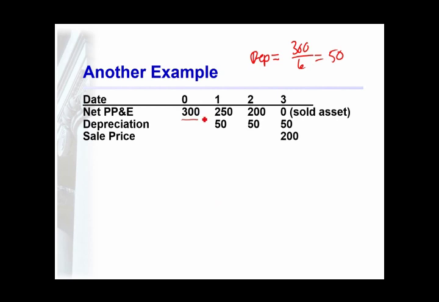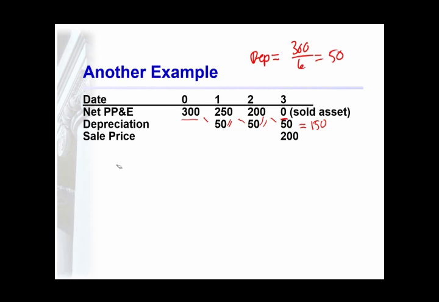So then what happens is 300 minus 50 is equal to 250. Minus 50 is equal to 200. Minus 50 would equal 150. But because we sell the asset in year 3, the book value of the asset actually drops all the way to 0.